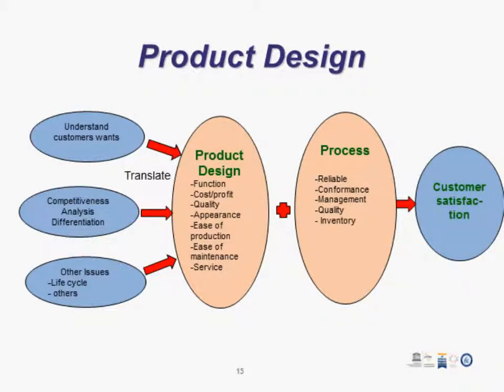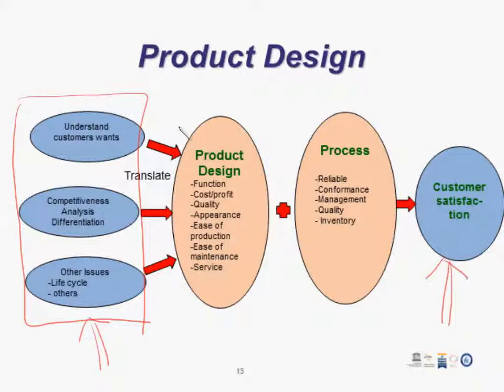This diagram summarizes the whole process. Left-hand side is major objectives. Understand customers' wants and needs, and competitive analysis, and differentiation, and other issues like life cycle. We need to consider all these things. Our ultimate objective is to satisfy customers. How?